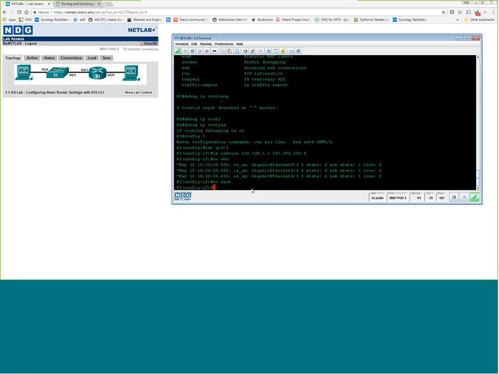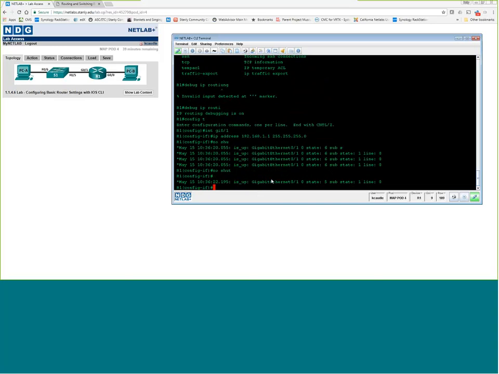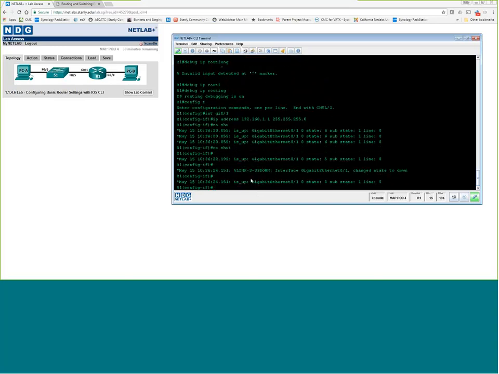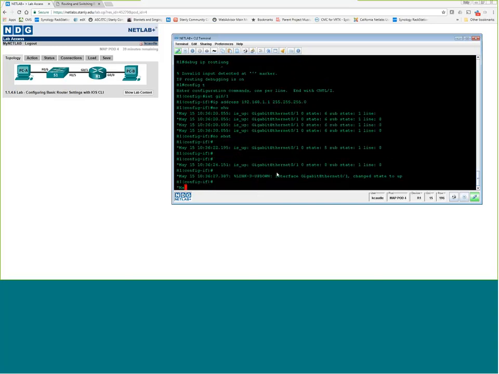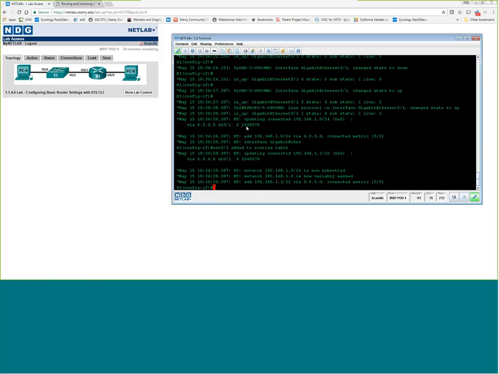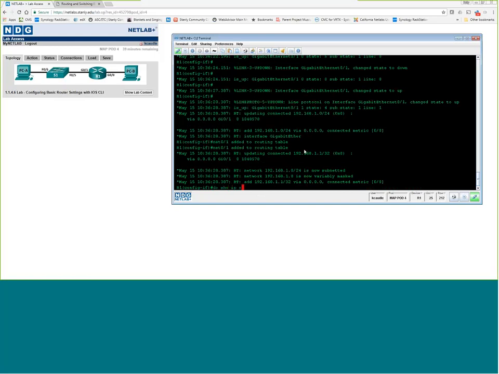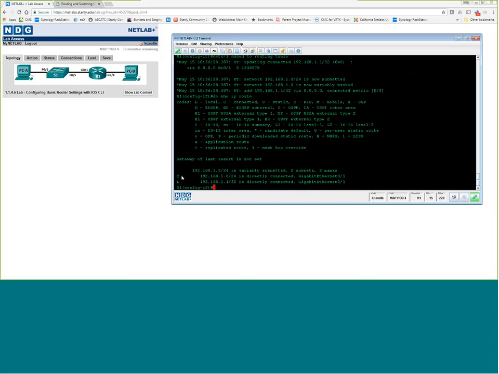And what you should see is this added into the route table. And here you go. You can see now: network route table add 1.0/24 via connected metric. So now if I do a do show ip route, you see that I have one route in the route table, which is a connected route via gig 0/1.